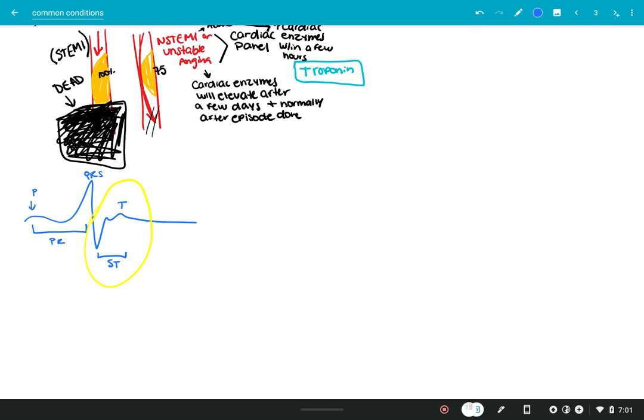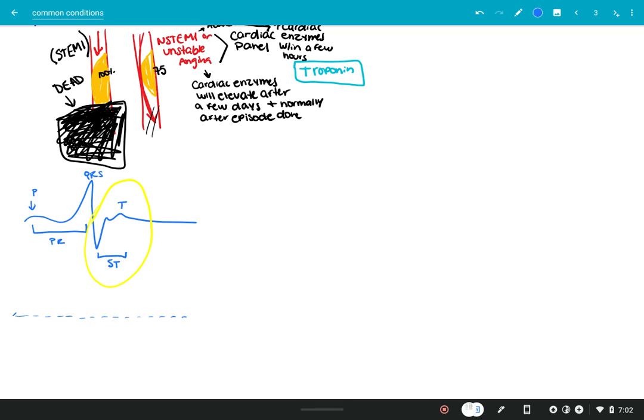So ST elevation will look like, and again, excuse my poor drawing skills. So it'll look like that. There's the ISO. Oopsies. I don't really like how I drew that.